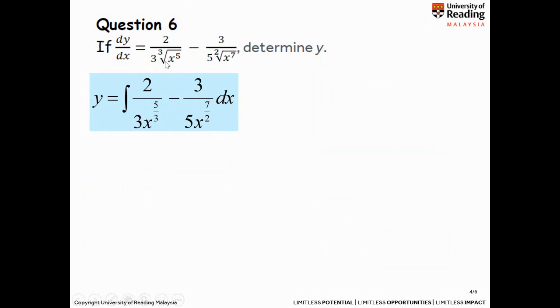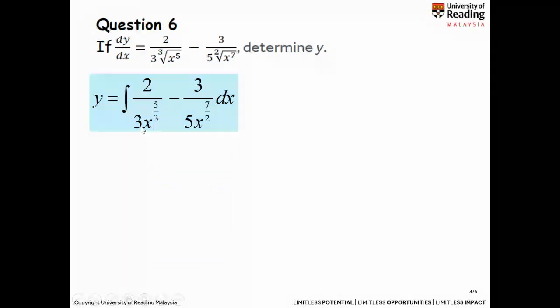So the first term is the cube root of x to the power 5. So it's the same as x to the power 5 over 3. For the second term, your root is the square root of x to the power 7. So you change it to x to the power 7 over 2. So we need to bring the x from the denominator to become a negative power.